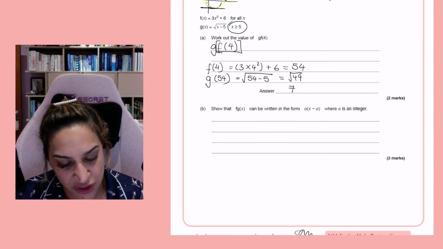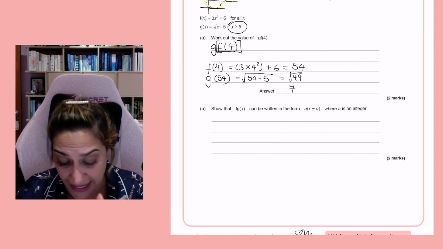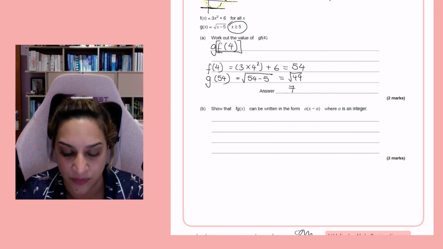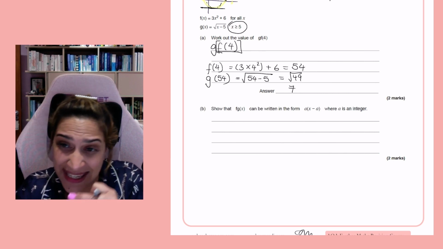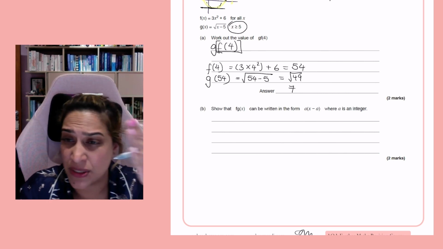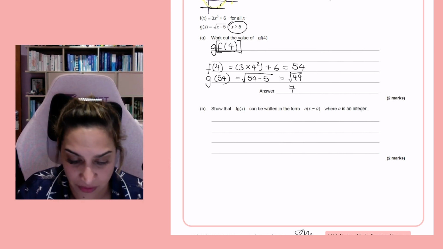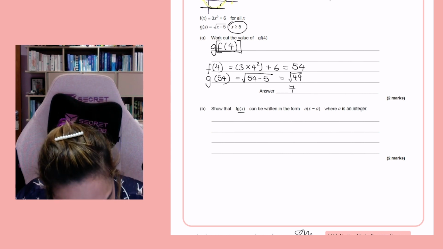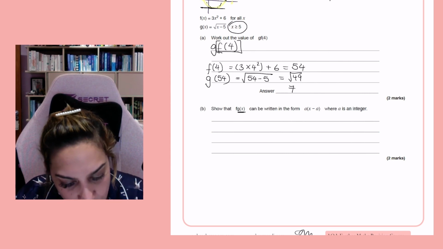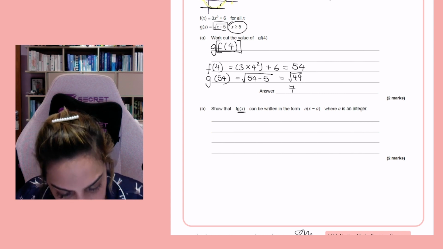The next bit is show that fg(x) can be written in that form. So remember, we're putting g inside of f. It's always the second one inside of the first one. So wherever there is an x in f, we're putting this entire thing.